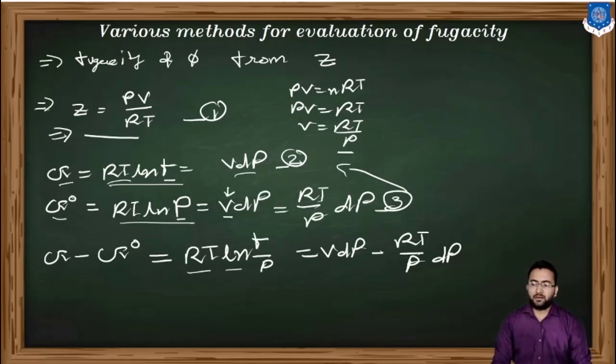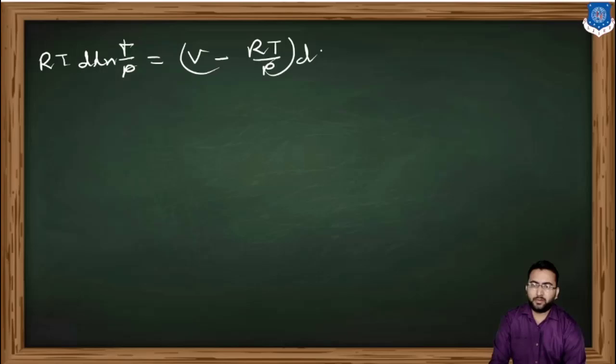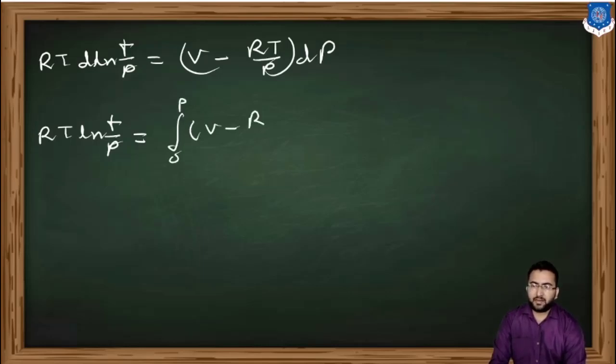Now rearranging this equation, we will get RT d ln f upon P is equal to V minus RT upon P into dP. Taking integration, we will get RT ln f upon P is equal to integration from 0 to P of V minus RT upon P into dP.